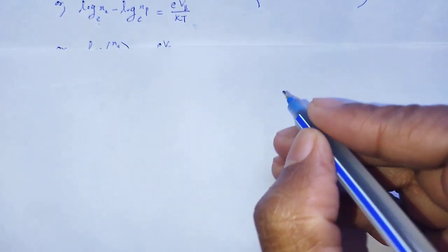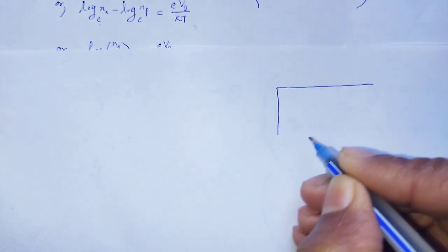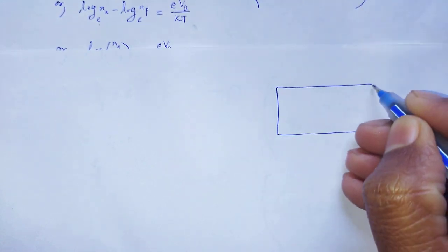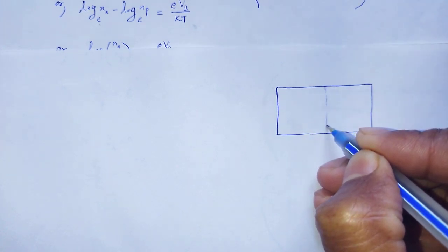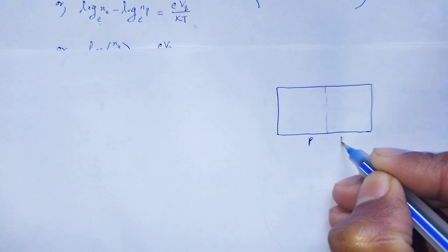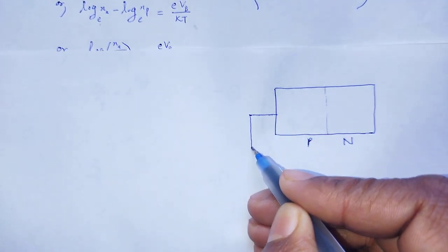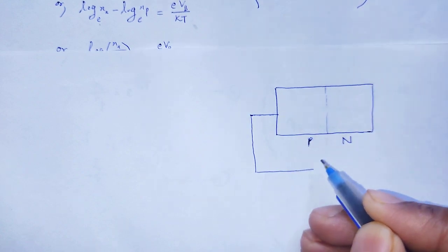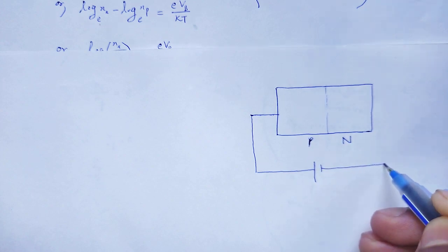The step-graded PN junction, when forward biased: the P type is connected to the positive terminal, the N type is connected to the negative terminal.